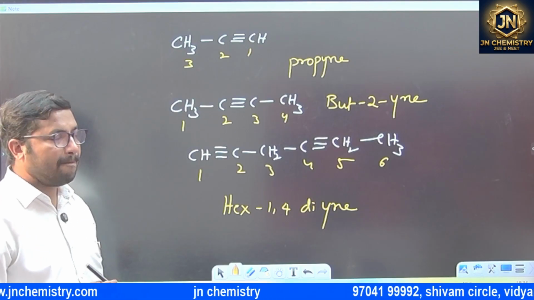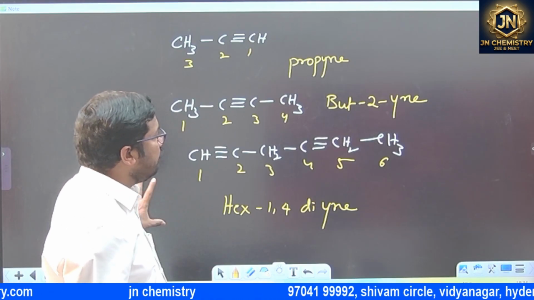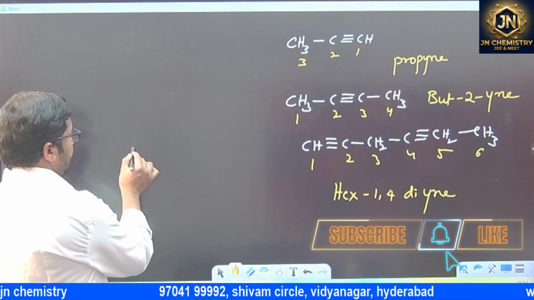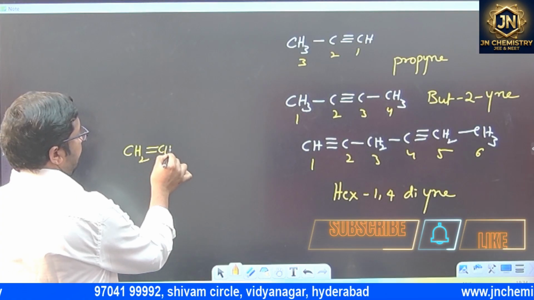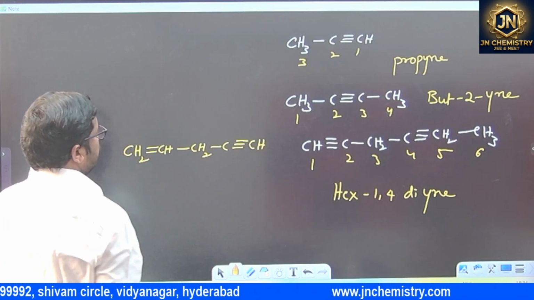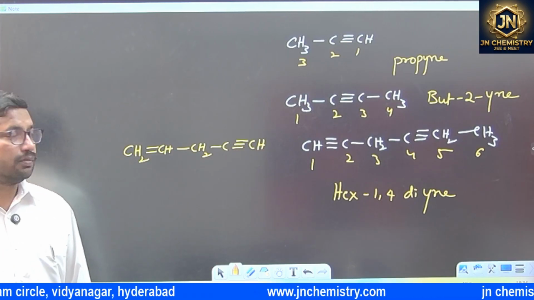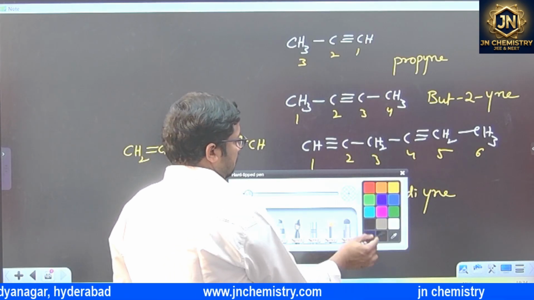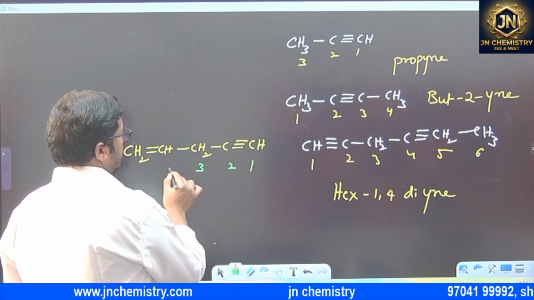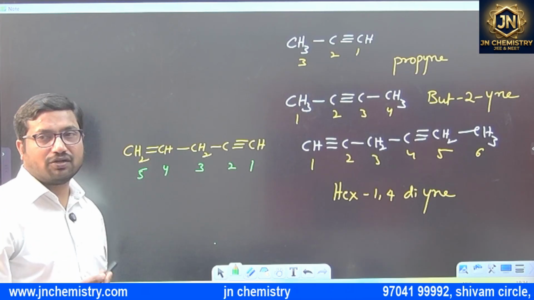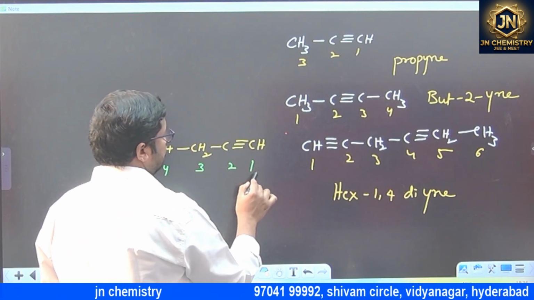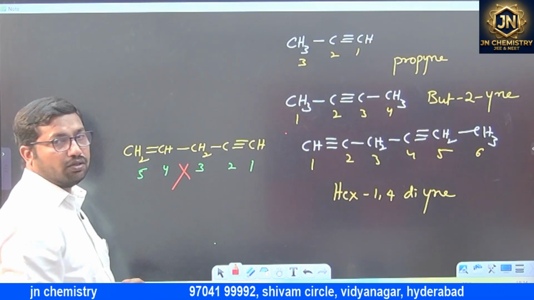Write it down. When a double bond and a triple bond both are coming, what do we need to do? Double bond on one side and triple bond on the other, so where do we need to start? Double bond or triple bond? Triple bond, is it right or wrong? This is wrong.